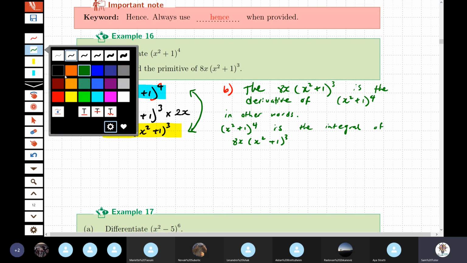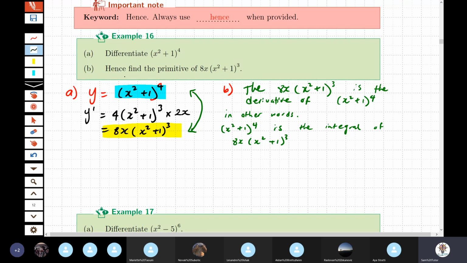So therefore, if I came up to you and said part B, hence find the primitive of this, how do I integrate this? The answer straight away is (x squared plus 1) to the power of 4, plus C.